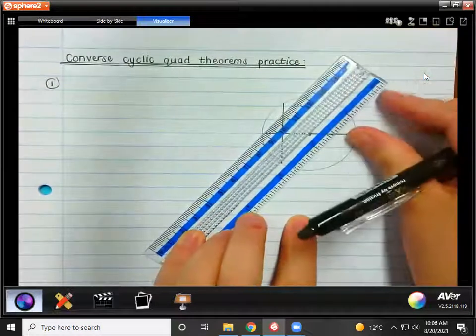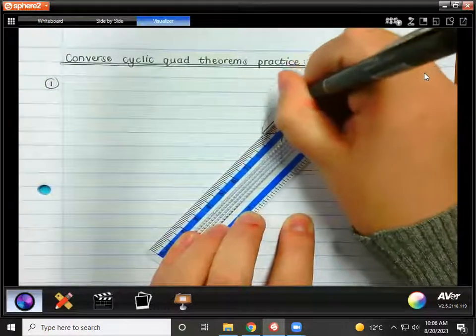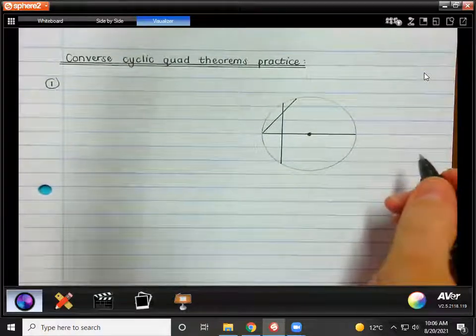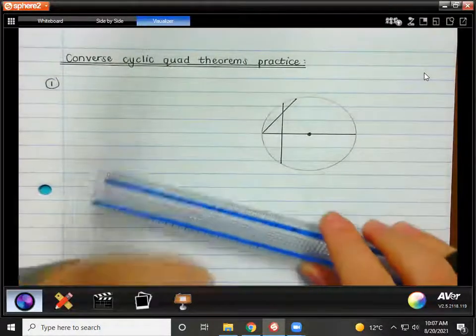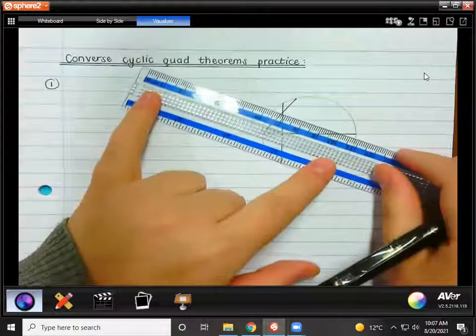I'm always so nervous when I'm drawing these. I don't know why. I'm worried that they're not going to work out, I suppose. Okay. Well, this is an erasable pen at least, which also helps.